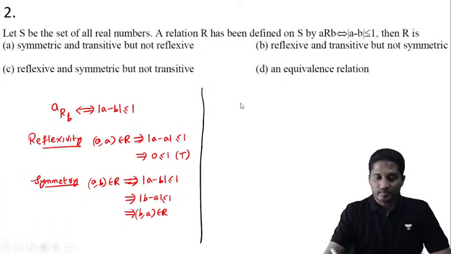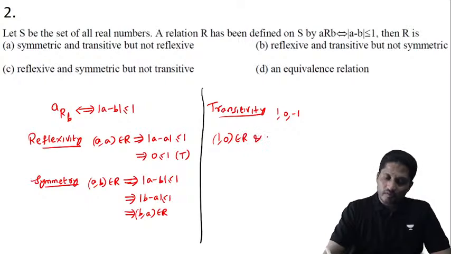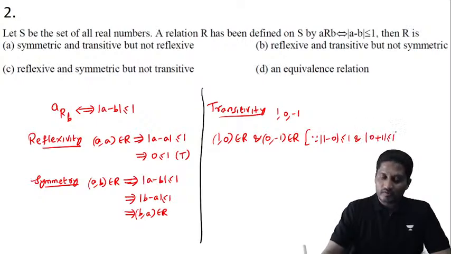Right, it won't be transitive because suppose I have real numbers 1, 0, minus 1. 1 comma 0 belongs to R and 0 comma minus 1 belongs to R. Okay, reason is modulus of 1 minus 0 is less than or equal to 1 and modulus of 0 minus minus 1, that is plus 1, is less than or equal to 1.